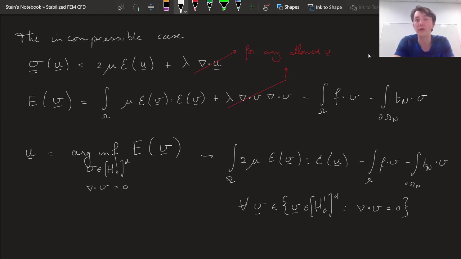So that's a new set of functions, all functions in H1 D, the vector space of functions in H1, that also have divergence free, that are divergence free.